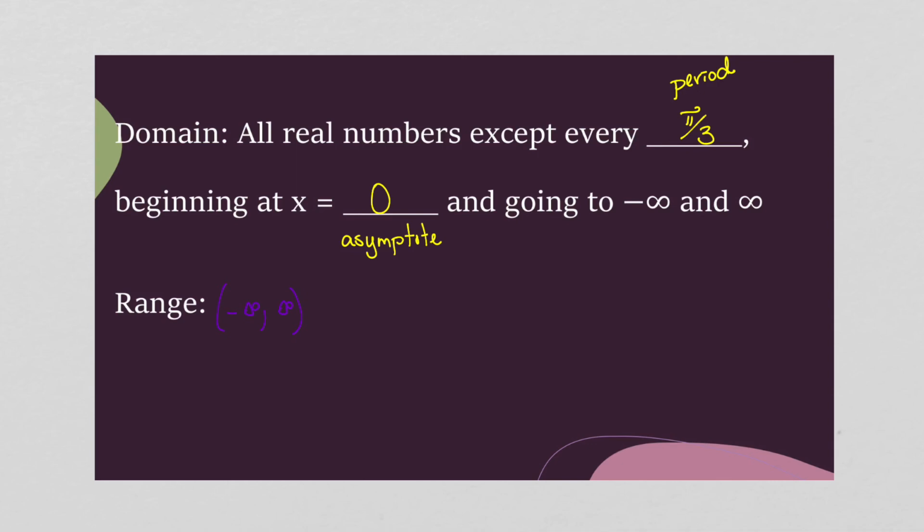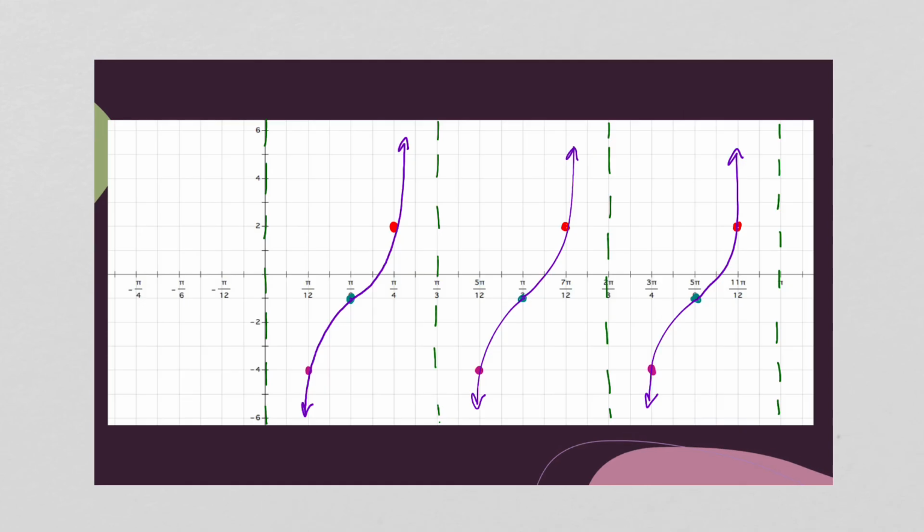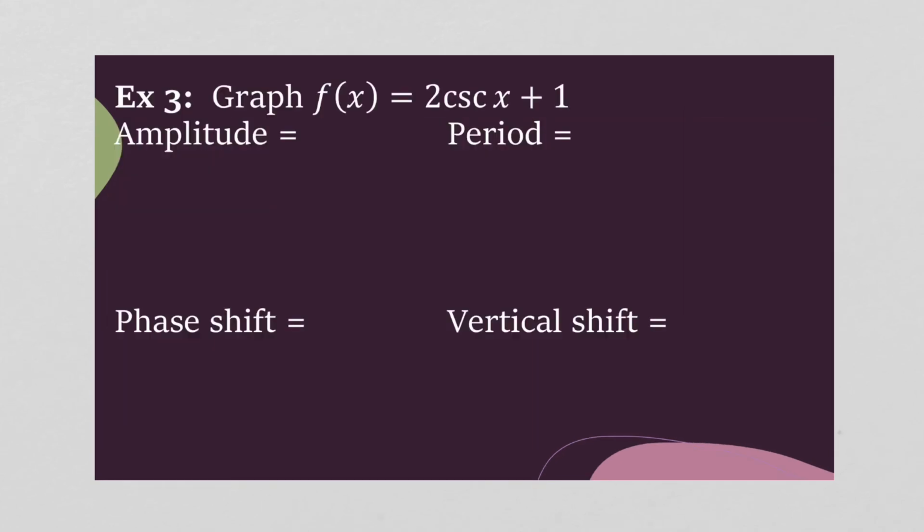So, one more. We're going to do a secant or cosecant. And so we have f of x equals 2 times the cosecant of x plus 1. Now, cosecant is the, I say opposite, but that's not really true.